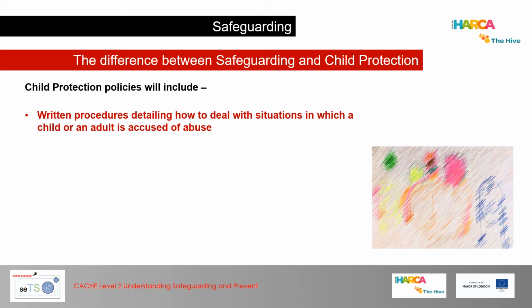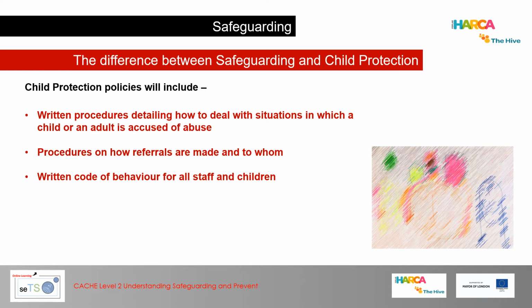Written procedures detailing how to deal with situations in which a child or an adult is accused of abuse, procedures on how referrals are made and to whom, a written code of practice for behaviour of all staff and children, and a whistle-blowing procedure.